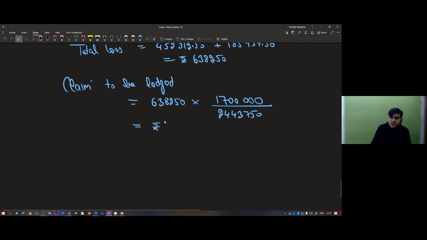So this divided by 2443750 into 17 lakh. The answer is 444.